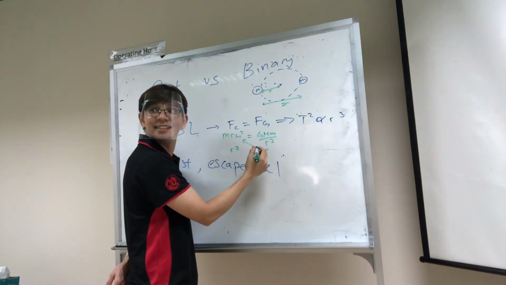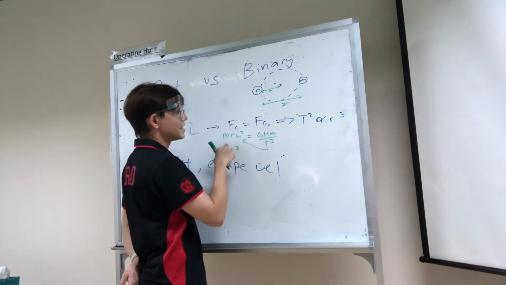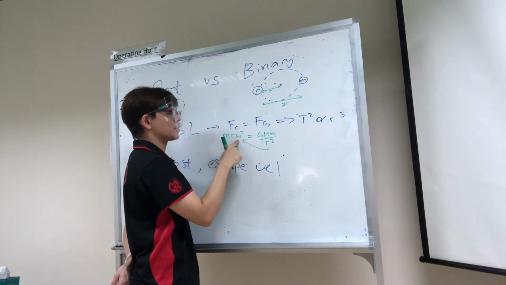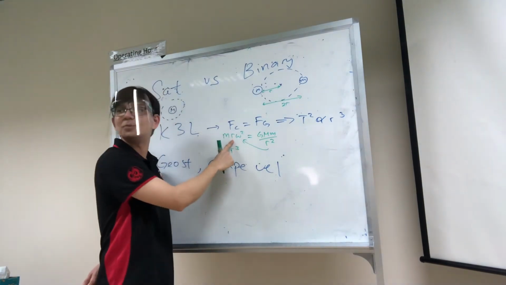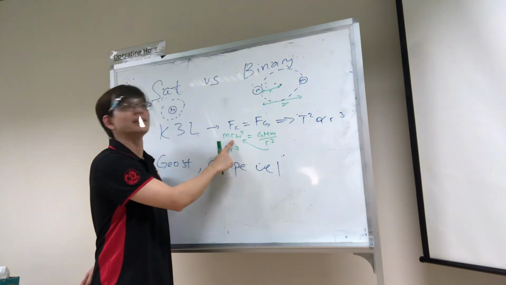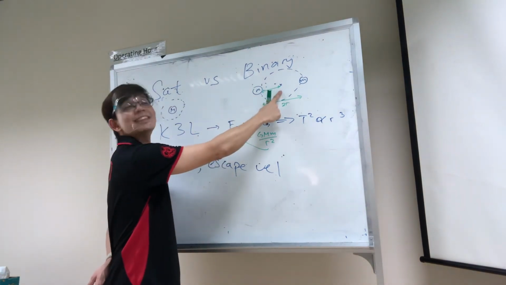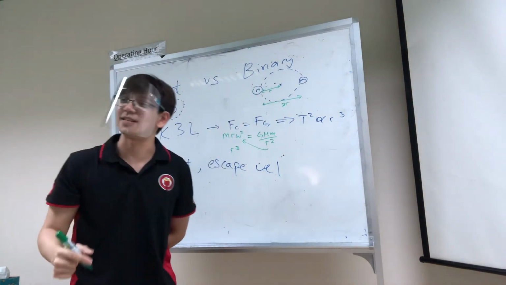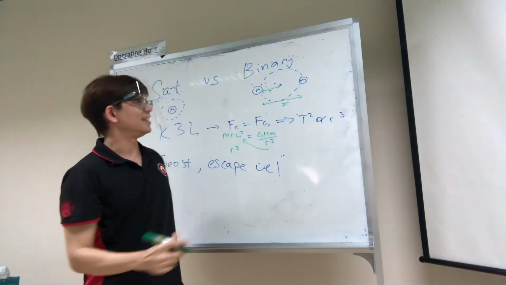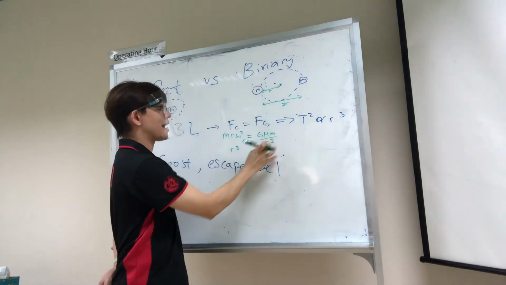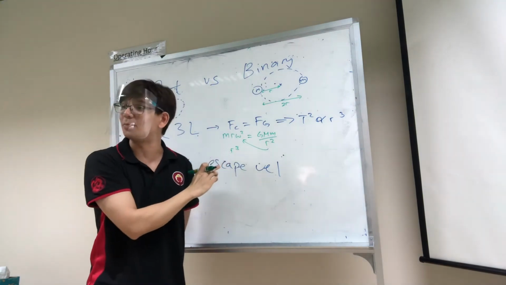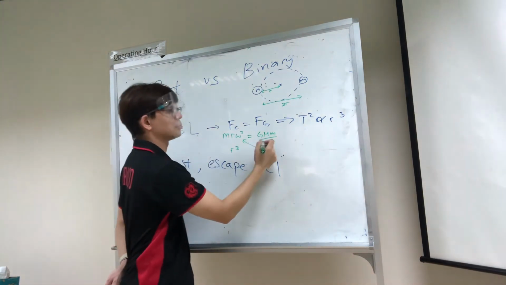But the circular motion force, m r omega squared, this r doesn't care about the distance between the two objects. This one only cares about the distance between the object and the center of motion, which is the center of mass. So this one is actually r. So this one can't combine nicely to give you your r cubed. I mean, in this special case, it can because it's 2r squared.